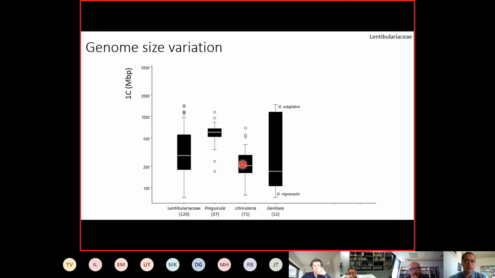But the most interesting genus is Genlisea because with only 12 analyzed species, this genus covered the whole variation of the genome size in the family, the smallest and the largest plant in our dataset. We have found several species smaller than Arabidopsis thaliana, but unfortunately we haven't found any species smaller than the previously published Genlisea aurea.